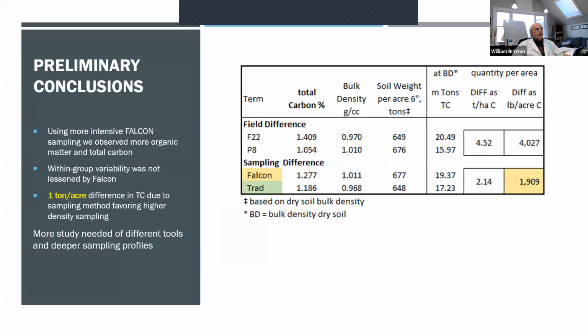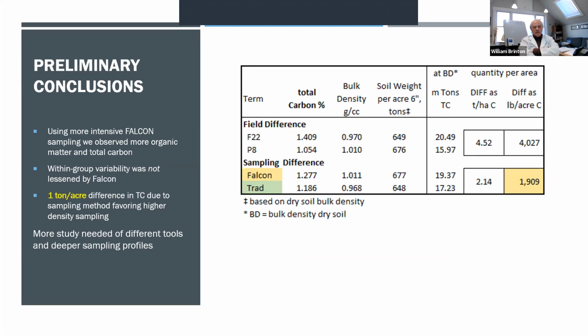So here, the preliminary conclusions are that using this intensive Falcon sampling, we were able to observe more organic matter and more total carbon on the farm. The group variability was not decreased or lessened by the Falcon.